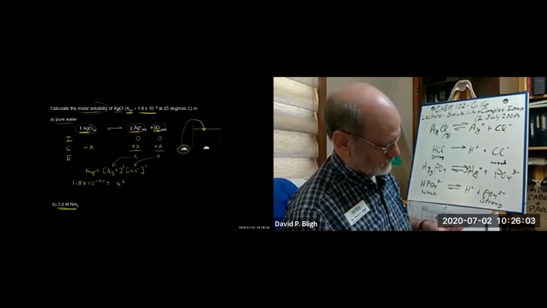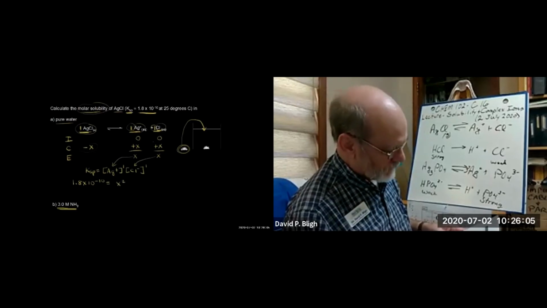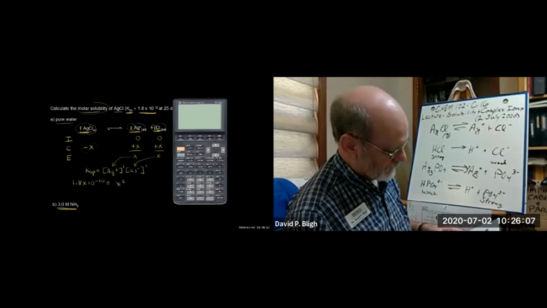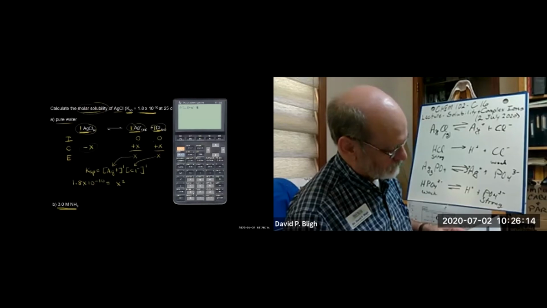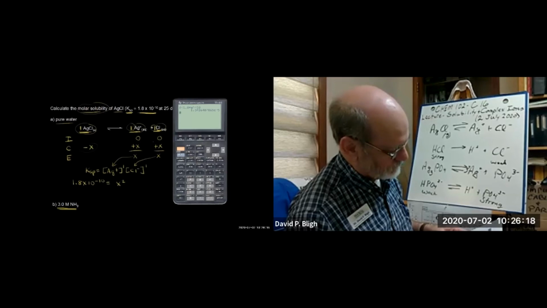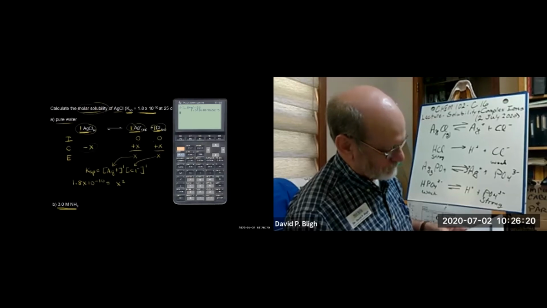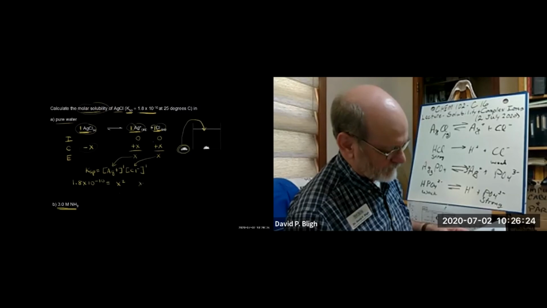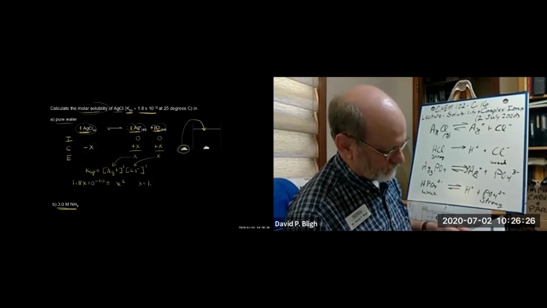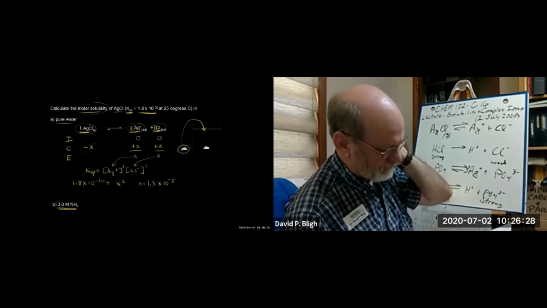So we can get on the calculator and solve for x. So we have the square root of 1.8 times 10 to the negative 10. Take the square root of that. X is equal to 1.3 times 10 to the negative 5. Round that. So x is equal to 1.3 times 10 to the negative 5 molar.